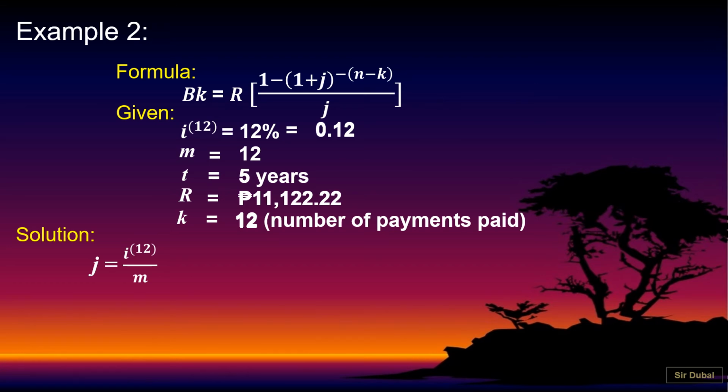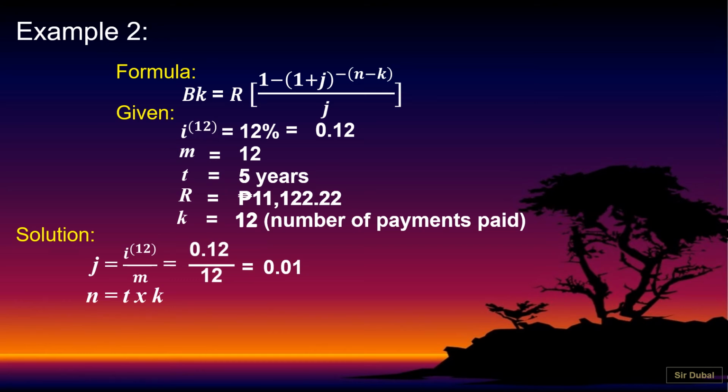So what we are going to do here is just substitute its corresponding values. We know that i to the power of 12, or our nominal rate, is equal to 0.12, and our m is equal to 12. Solving for it, if we divide those two numbers, the result is 0.01. Next, we have the symbol letter n, and that is its formula.